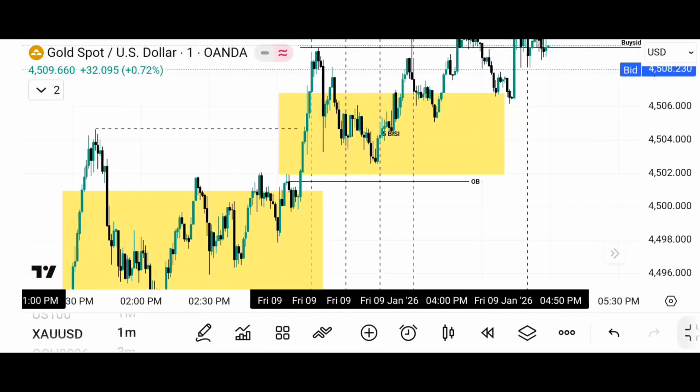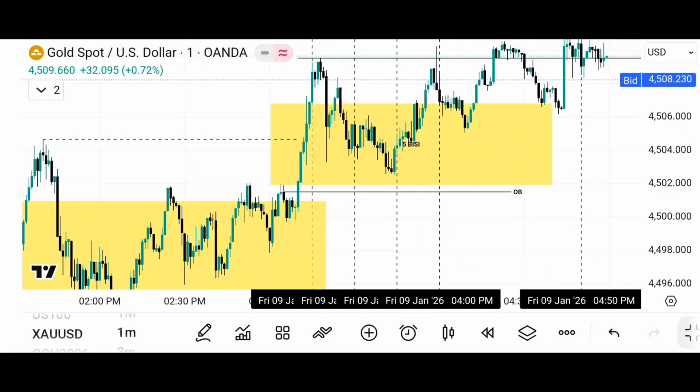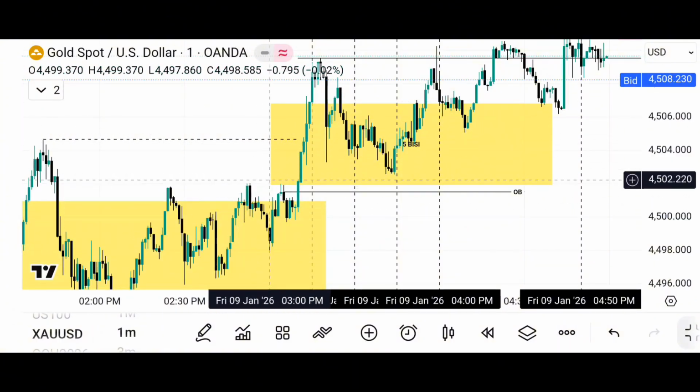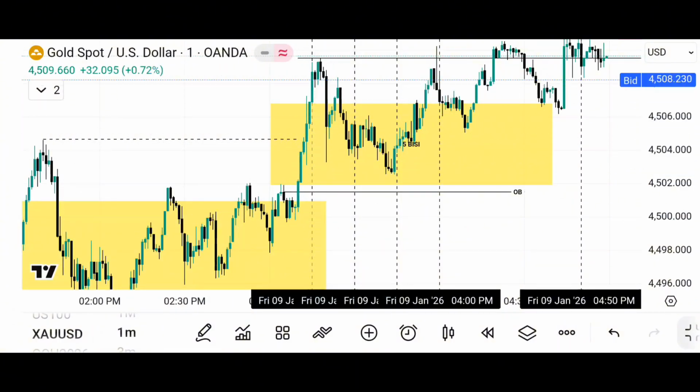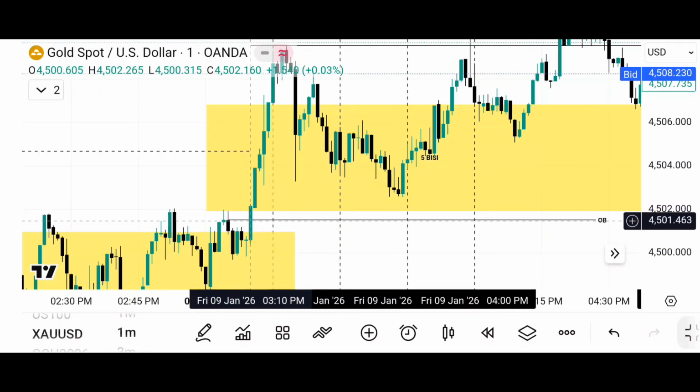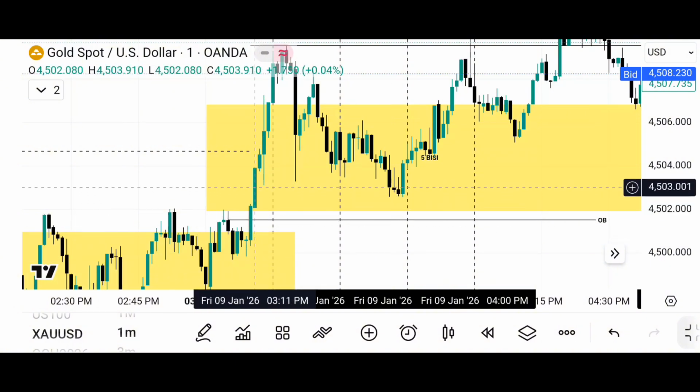And on the 1 minute, you can see the run up in price, taking out this high. In the 1 minute, your focus should be on these two fair value gaps, this one and this one. This was actually the one price made use of.